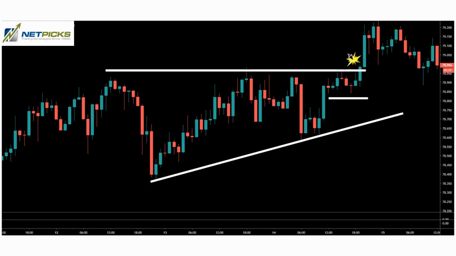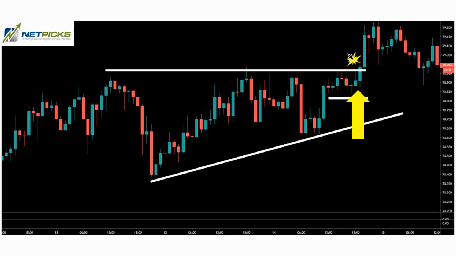The second way we can trade these is with confirmation. So we enter on the close. We monitor the resistance level and enter on the close of the breakout candle or bar. And here's another not perfect formation, but the concepts, especially where that small horizontal line is, are intact.